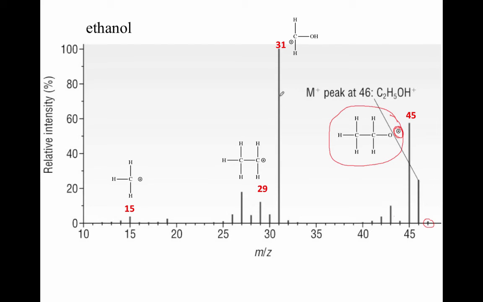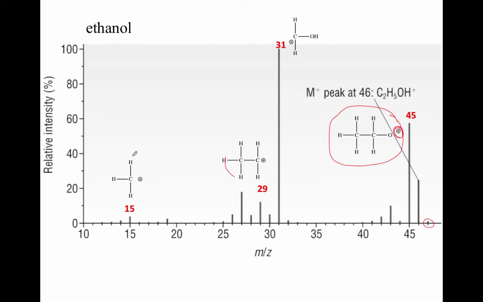And you'll see that there are common fragment masses that you look for, and there should be a table in your notes. Fragment 31 is CH3O with a plus. At 29, you've got C2H5 plus.